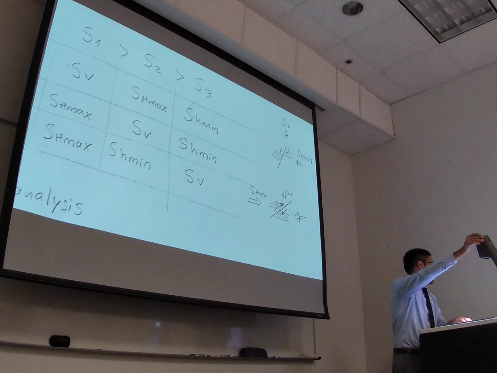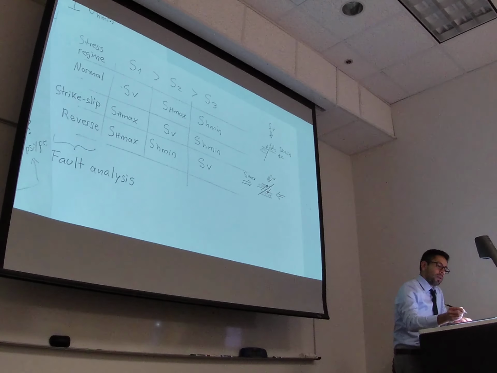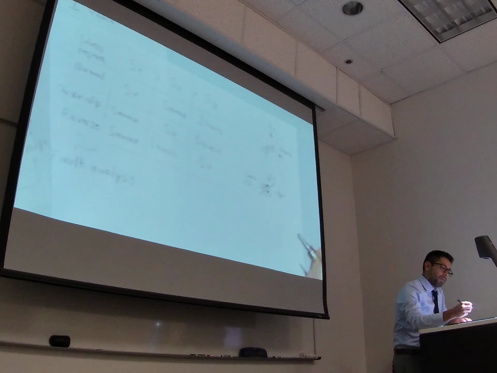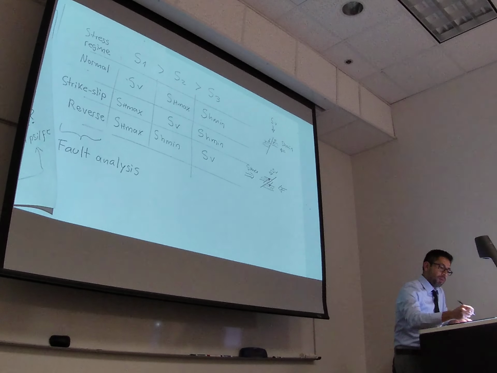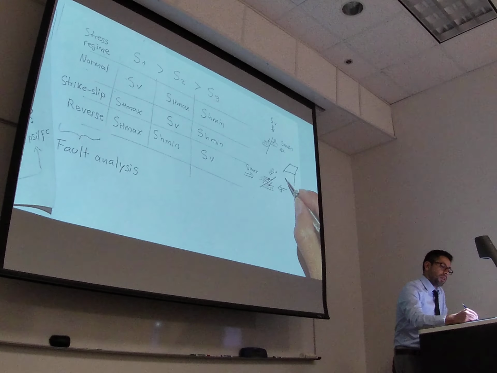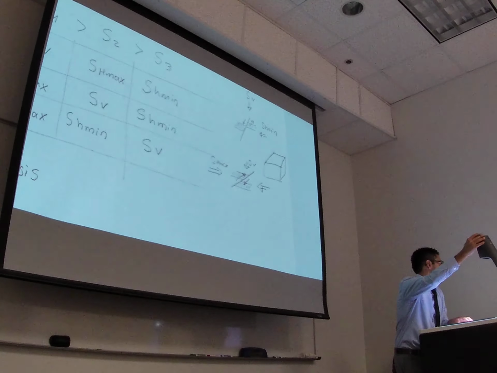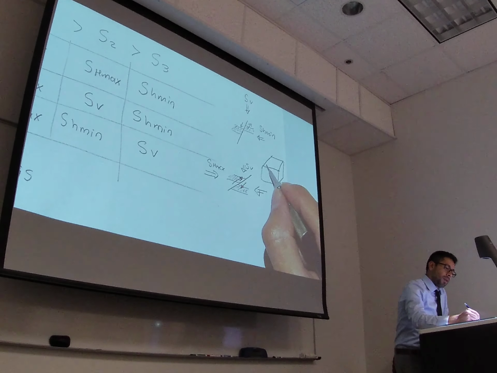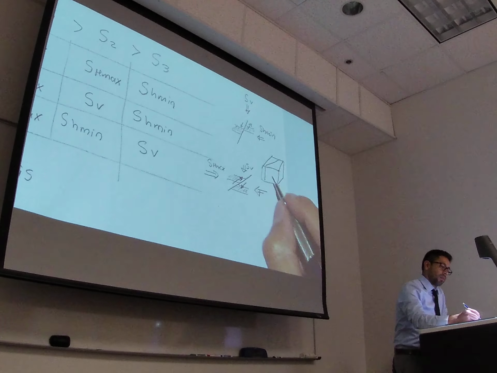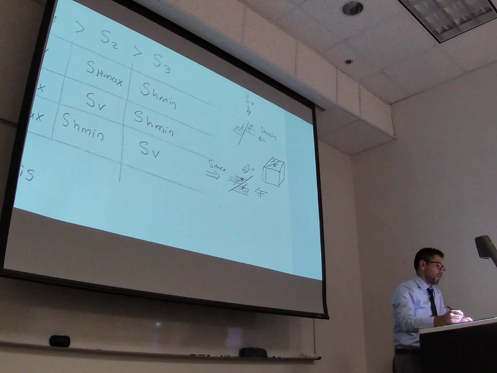And the third type is called strike slip, because when you look from the top, it's going to be a difficult drawing. I'm going to try anyways. Now this is a 3D drawing, okay? This is a block. We're going to have a vertical fault, and the slide is going to be along the strike of the fault.